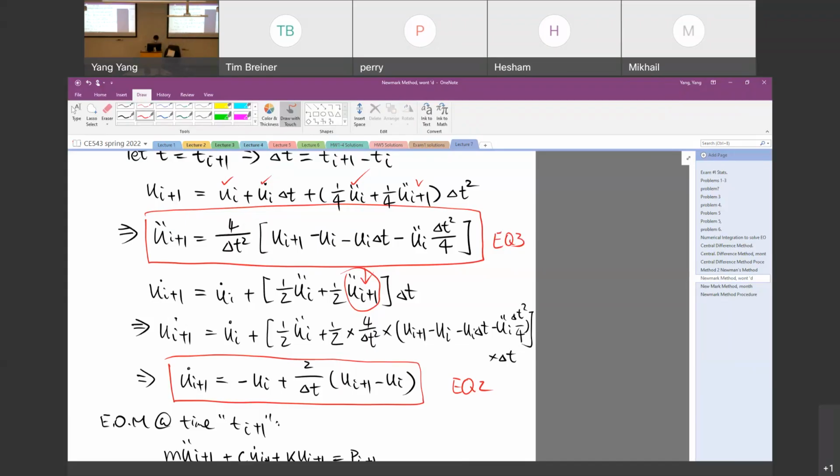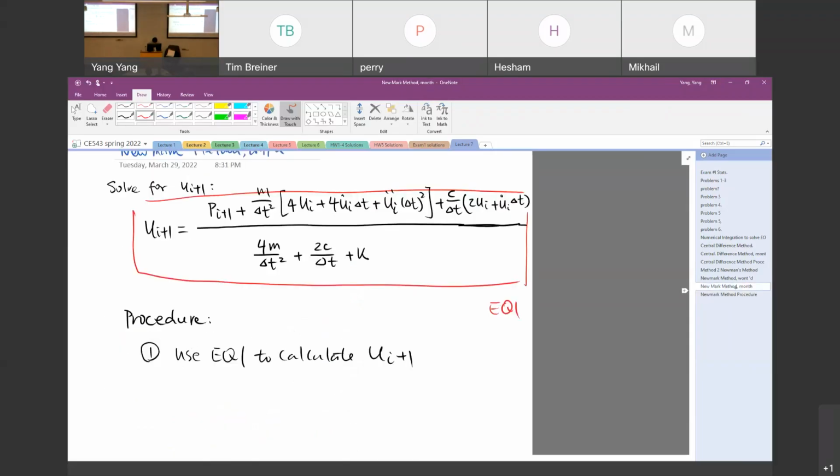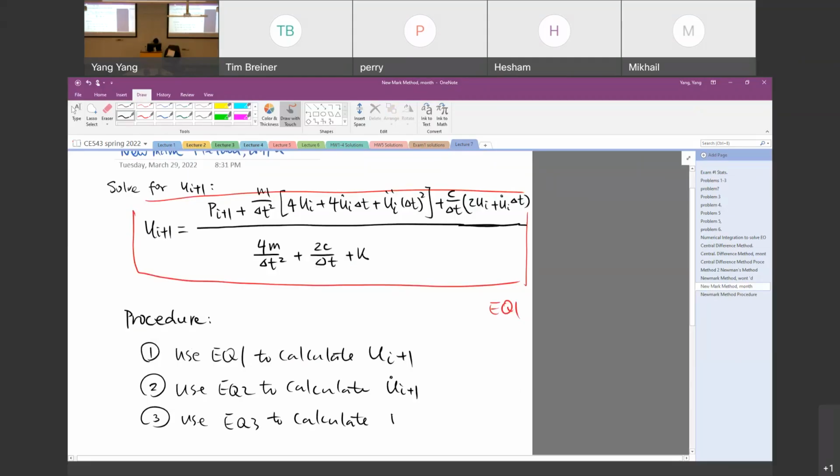So this is the procedure here: we use equation 2 to calculate the velocity, and equation 3 to calculate the acceleration. So step by step, we should be able to get all the responses here.